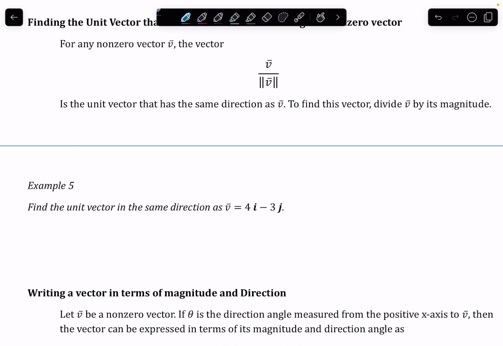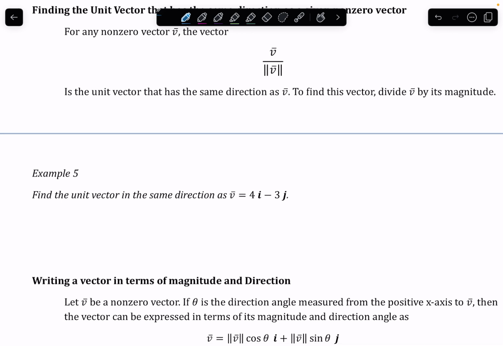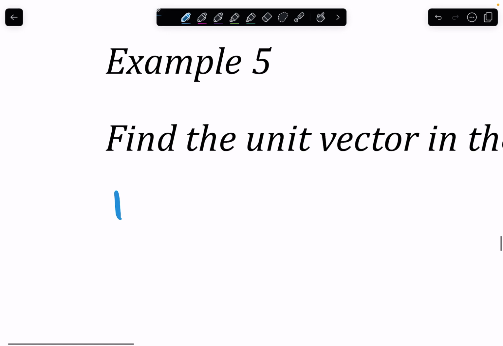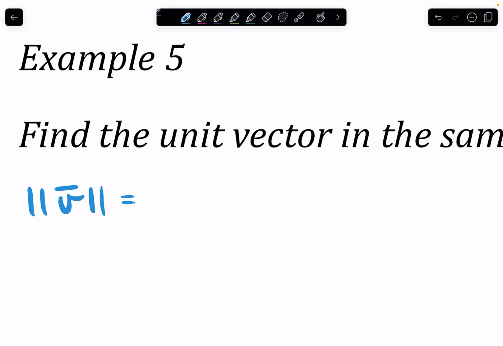So I need to take the vector v and divide each of the parts by the magnitude, which translates to multiplication of a scalar by the reciprocal of the magnitude. So first thing, let's go find the magnitude of vector v. All right, so my double bars. It's in ij format, so that is the i portion squared plus the j portion squared, square rooted, or a squared plus b squared.